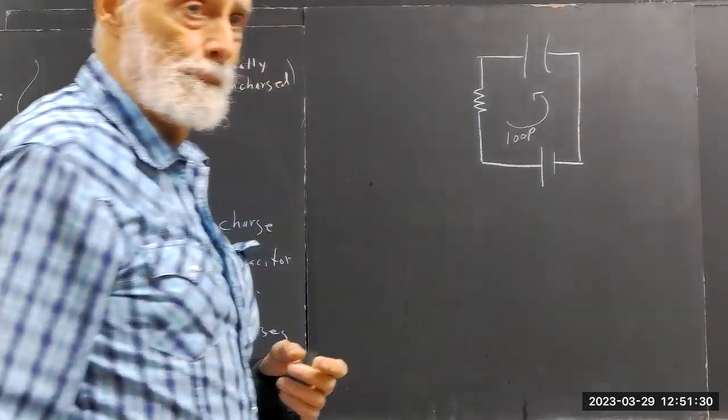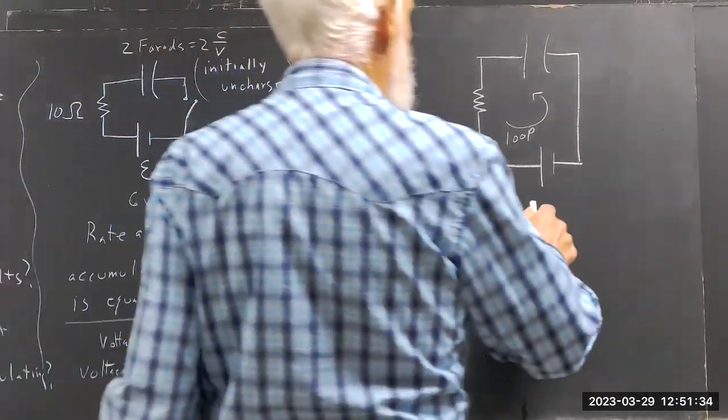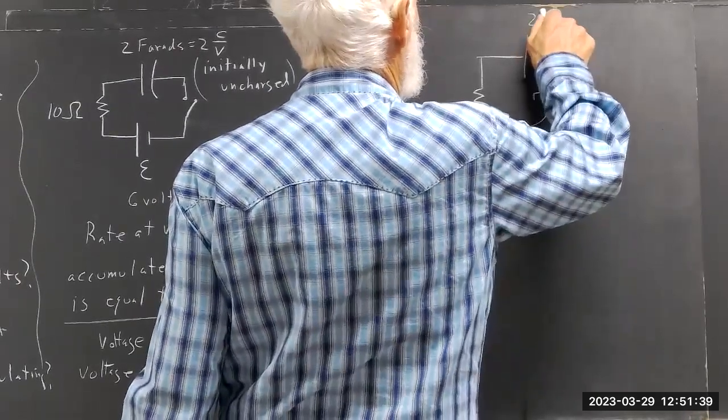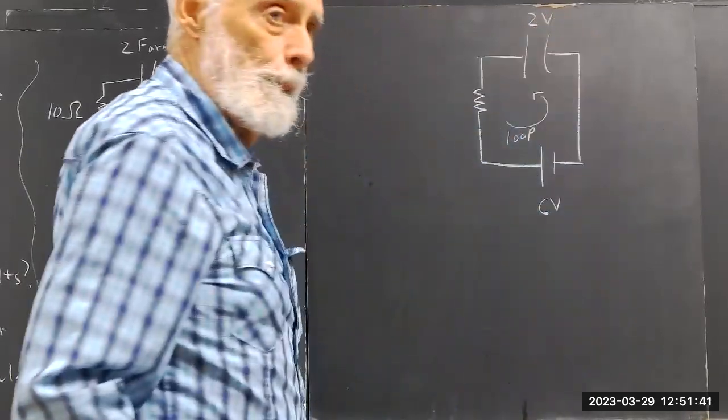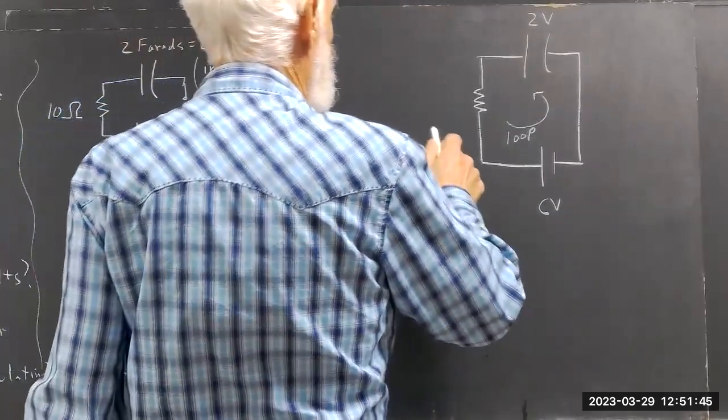Here's a loop. Now, what are the voltage drops around the loop? We've got 6 volts here, 2 volts here.